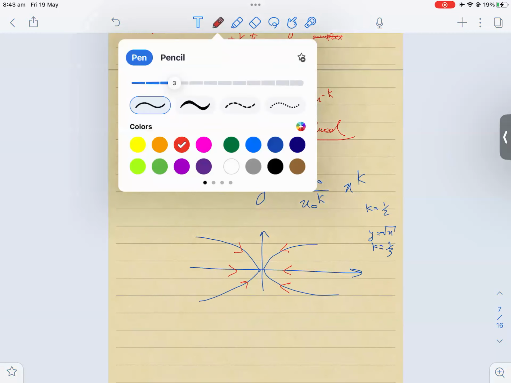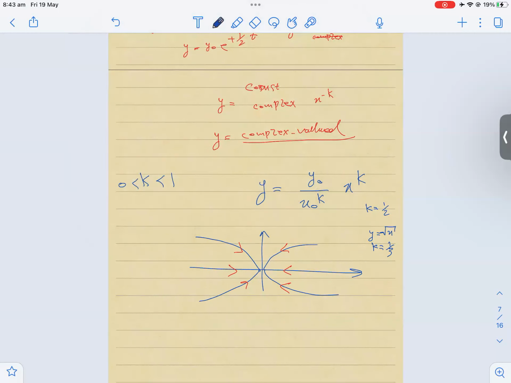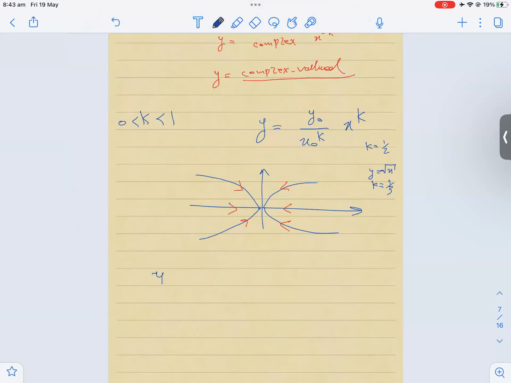All right, for the other one, we can see that k is bigger than 1, y equals y0 over x0 to the k times x to the k.